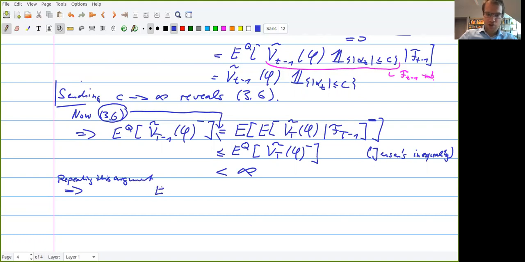It allows me to show that the expected value under Q of the conditional of the discounted value process V at time t, the negative part of this, is integrable, which by our claim means that it's a martingale in this step.